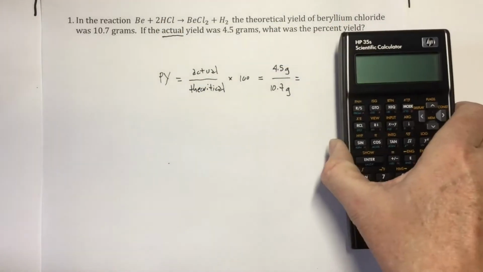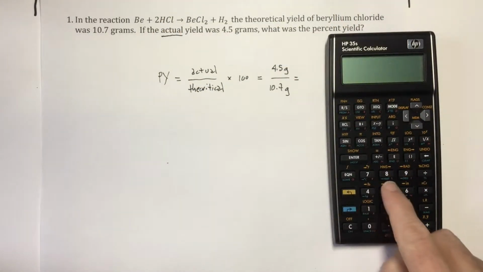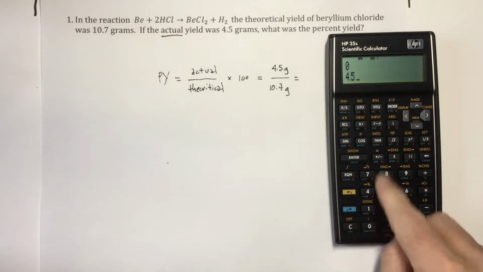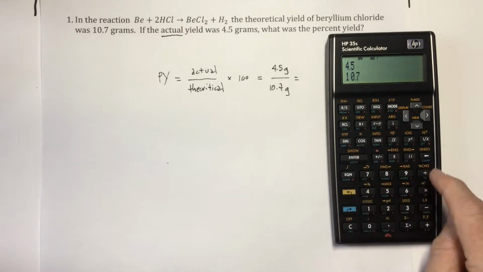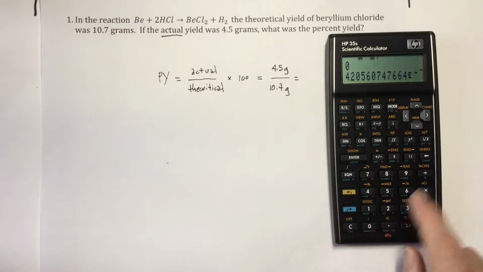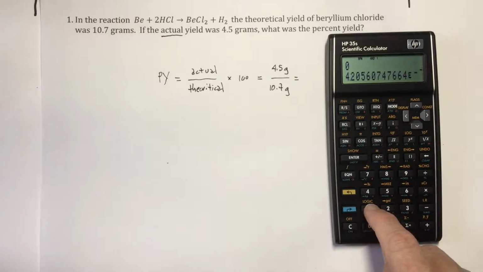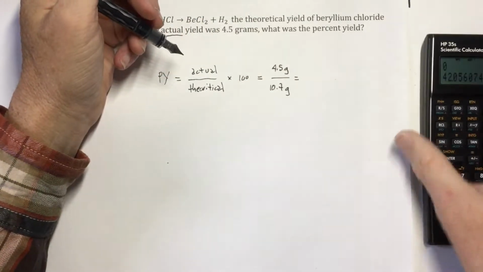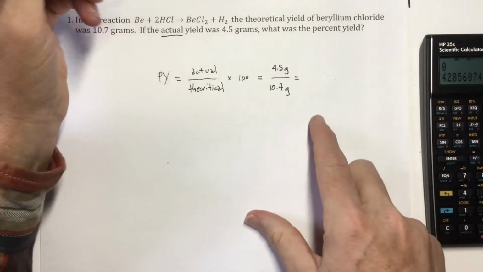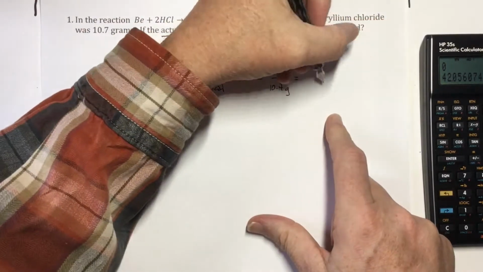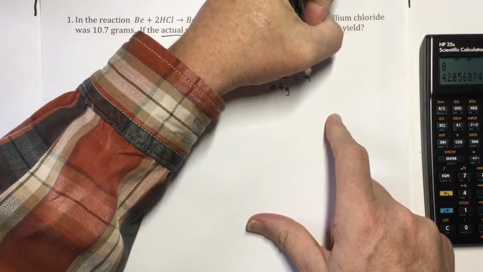The grams will cancel out, so we take 4.5 divided by 10.7, and multiply that by 100 to turn it into percent. That's 42.1%, but I just want two sig figs, so 42%.